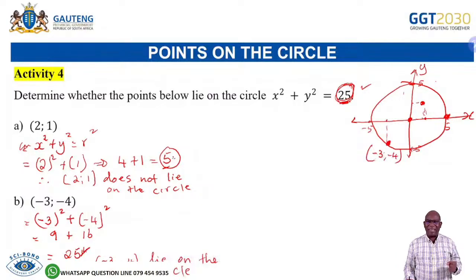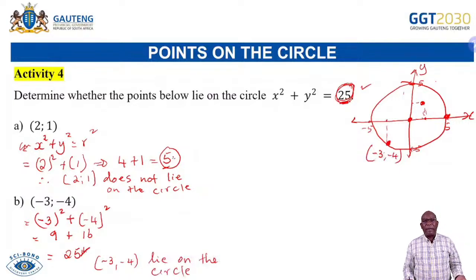So these are critical questions that you must know. If, for instance, the point was given, and from there we have bigger than 25, as I said, that point will lie outside the circle. If the r squared gives us the same number that was given, it lies on the circle.